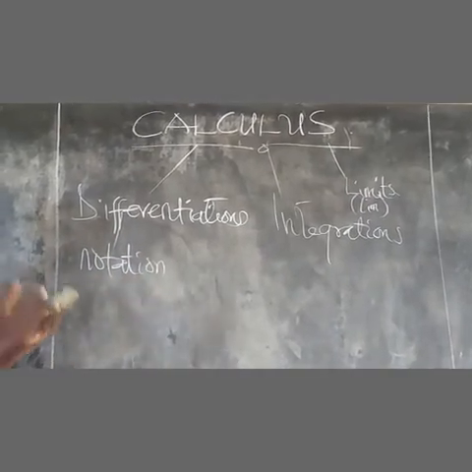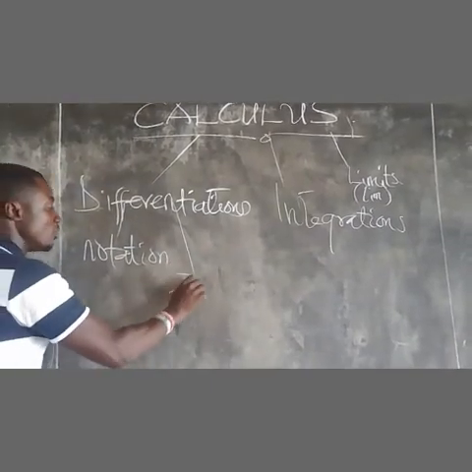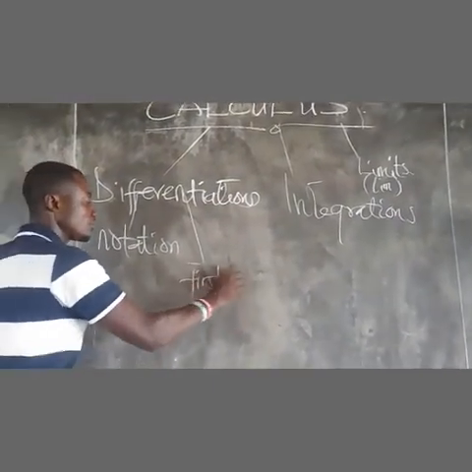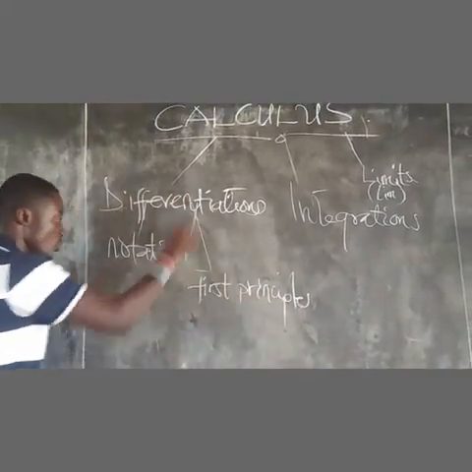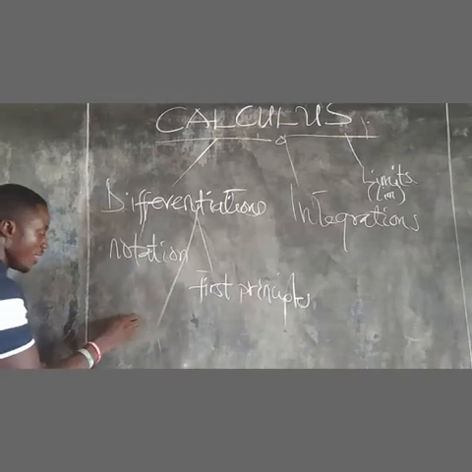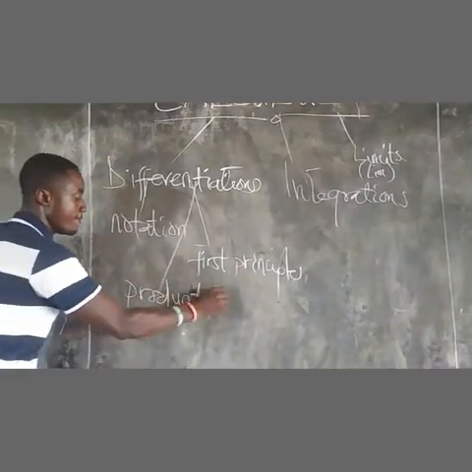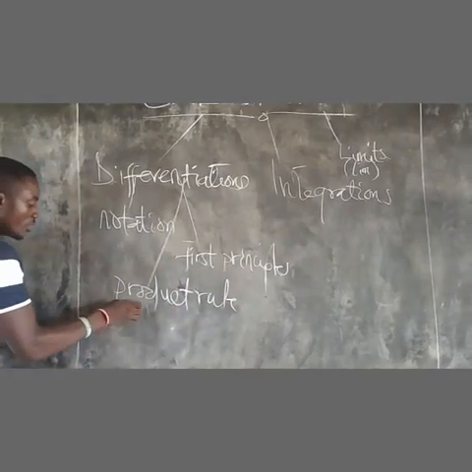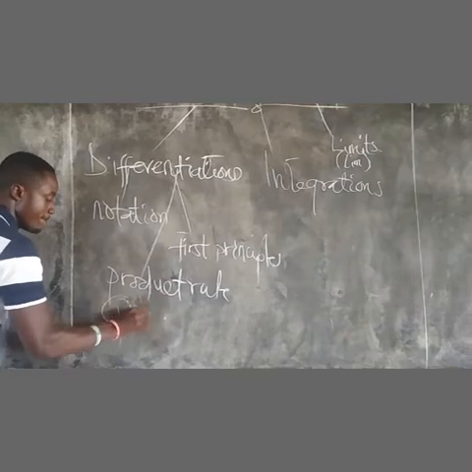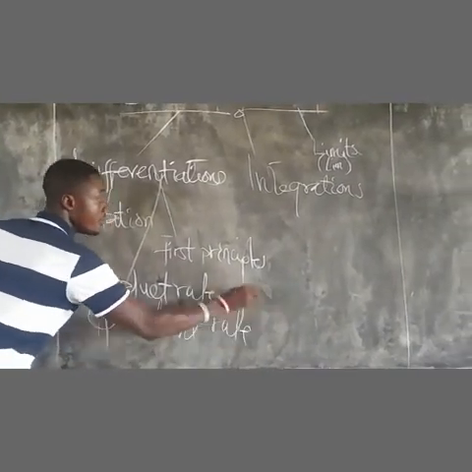That is differentials. We'll be looking at the first principle. We also look at the product rule. From the product rule, you go to the quotient rule.